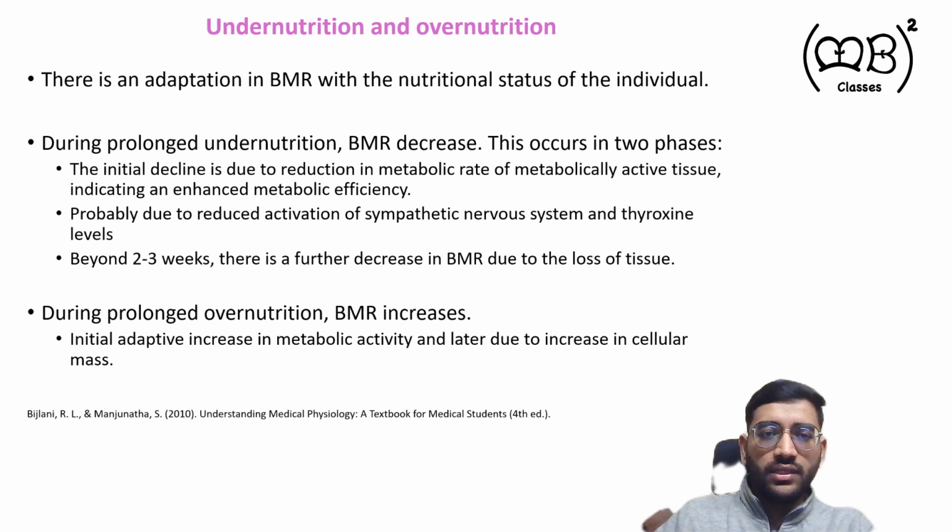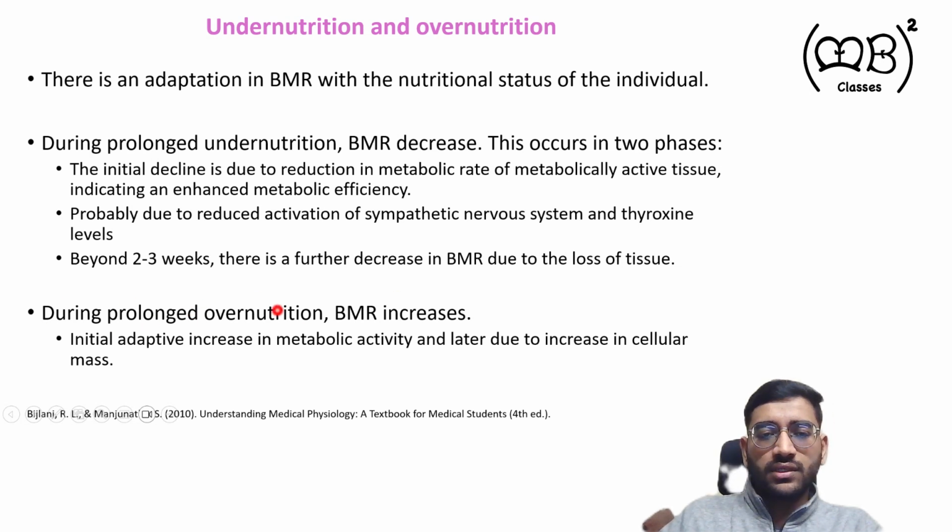But initially, there is adaptation, and the metabolic rate of the metabolically active tissue is reduced, which indicates a higher efficiency, like the body is trying to conserve energy because there is less intake. This is probably due to less activation of the sympathetic nervous system, and also thyroxine levels fluctuate during undernutrition and overnutrition and help in decreasing or increasing the BMR.